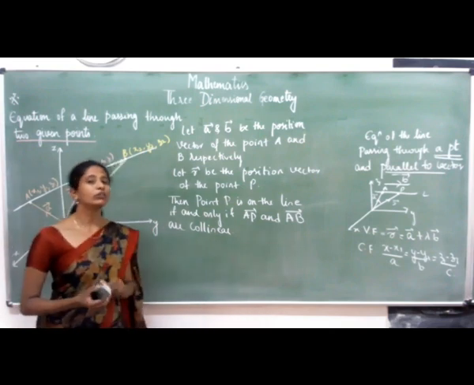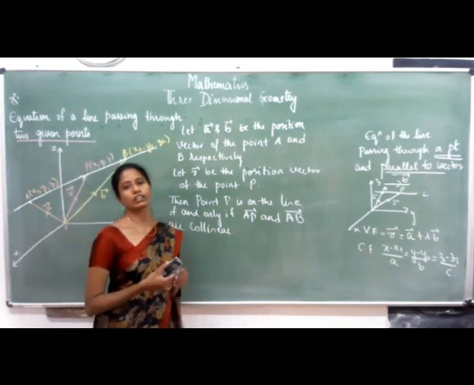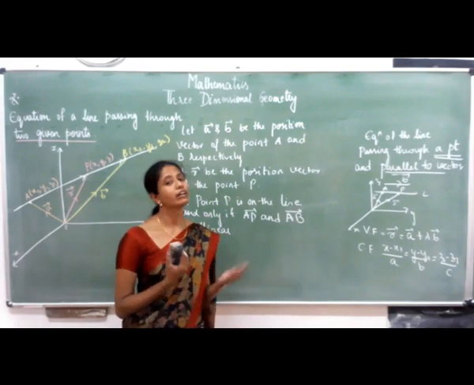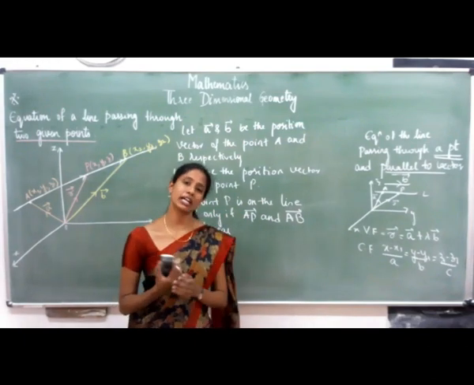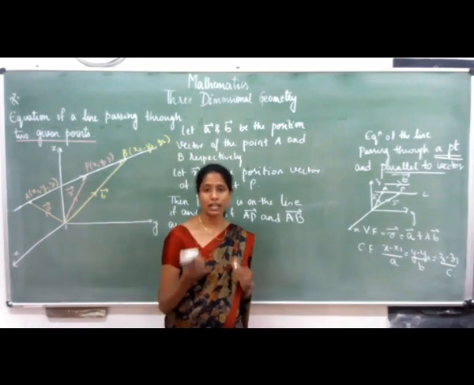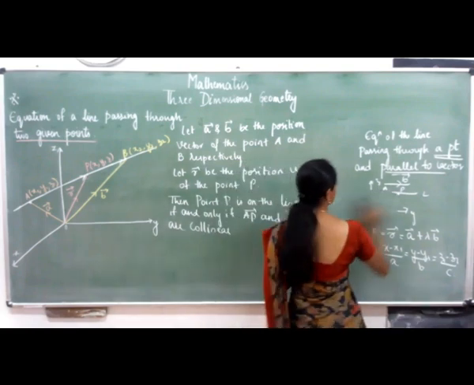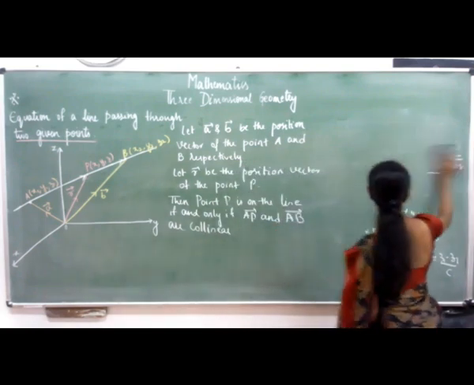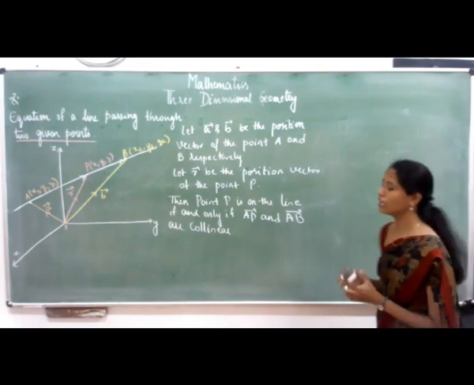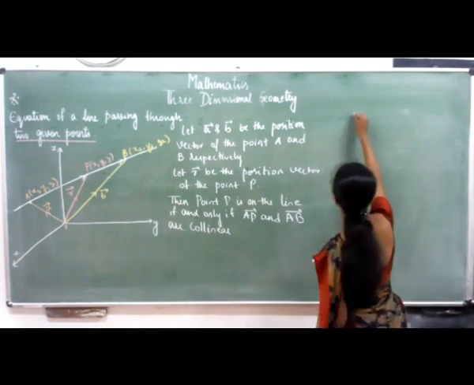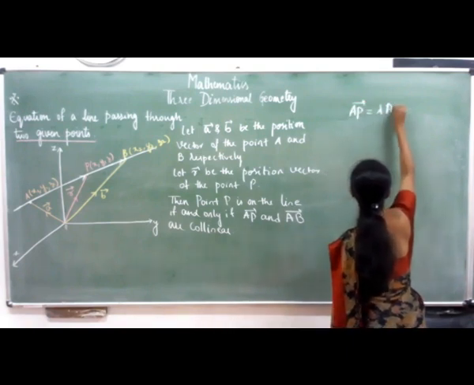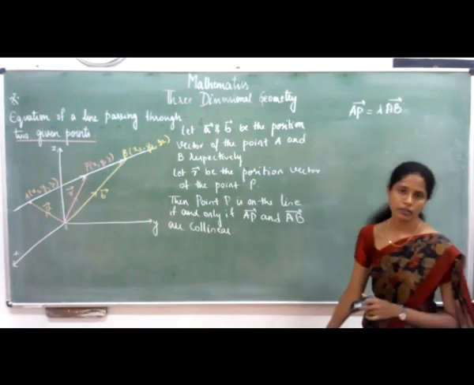We already know that if two vectors are collinear, for example vector A and vector B, we can say that vector A is lambda times vector B, or that vector B is lambda times vector A. So let us write this condition. Vector AP and vector AB are collinear vectors, so I can write vector AP is equal to lambda times vector AB.